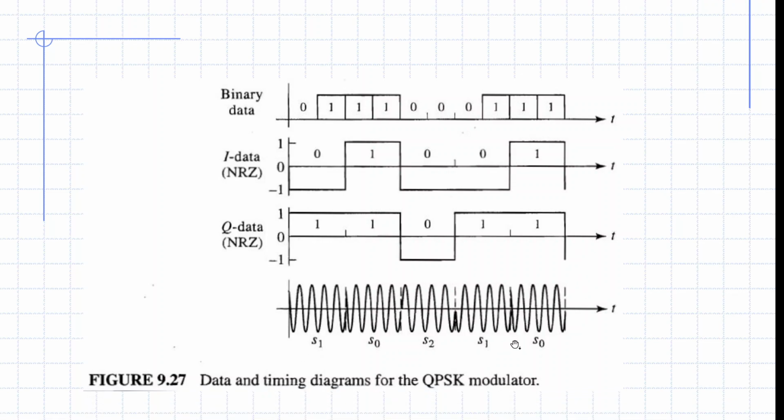So this is one symbol duration S1, and this one symbol duration represents 2 bits, 0 and 1. In BPSK it could represent only 1 bit. That is the difference. Here in one symbol duration I can send 2 bits in QPSK. In 8 PSK it will be 3, in 16 PSK it will be 4, like that.